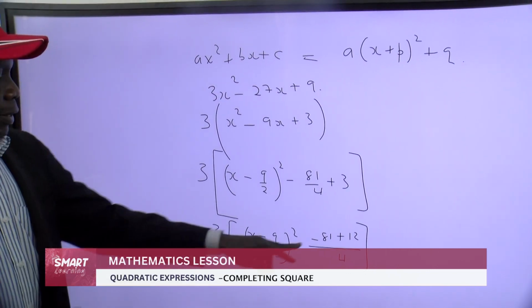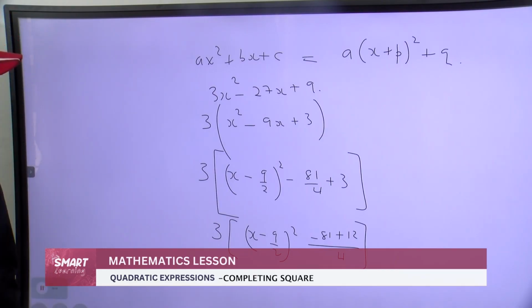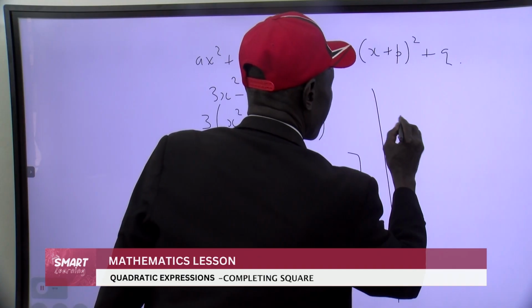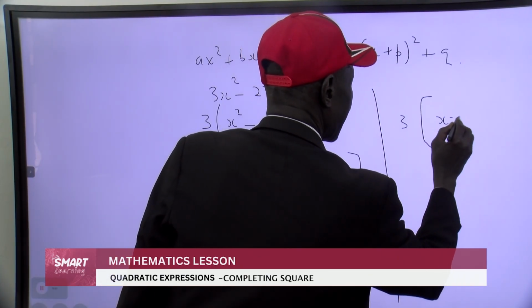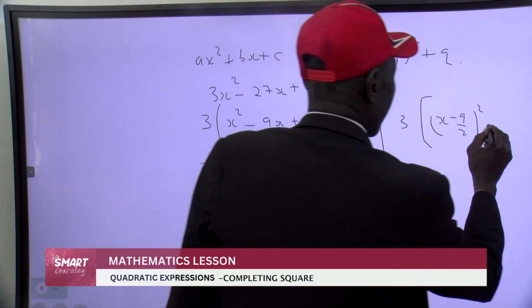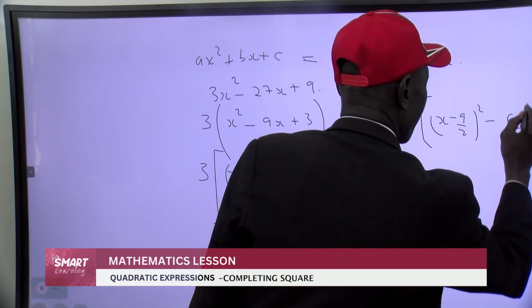Now, negative 81 plus 12 becomes negative 69. So we are going to have 3 in brackets x minus 9 over 2 squared minus 69 over 4.